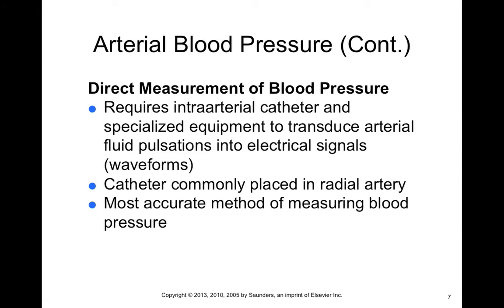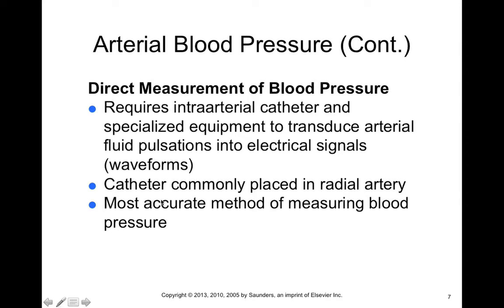Now, there are other ways we can directly measure blood pressure, like intraarterial catheterization. If you want to get the most accurate reading of blood pressure, what you can do is actually measure it from within the vessel itself. So if you want to directly measure pressure being generated by your heart, we can place a catheter in the radial artery.